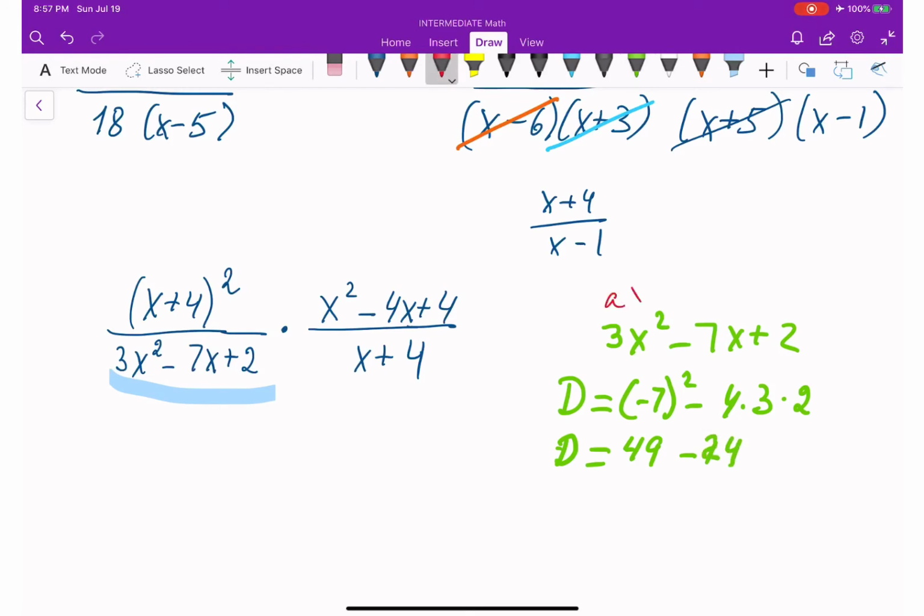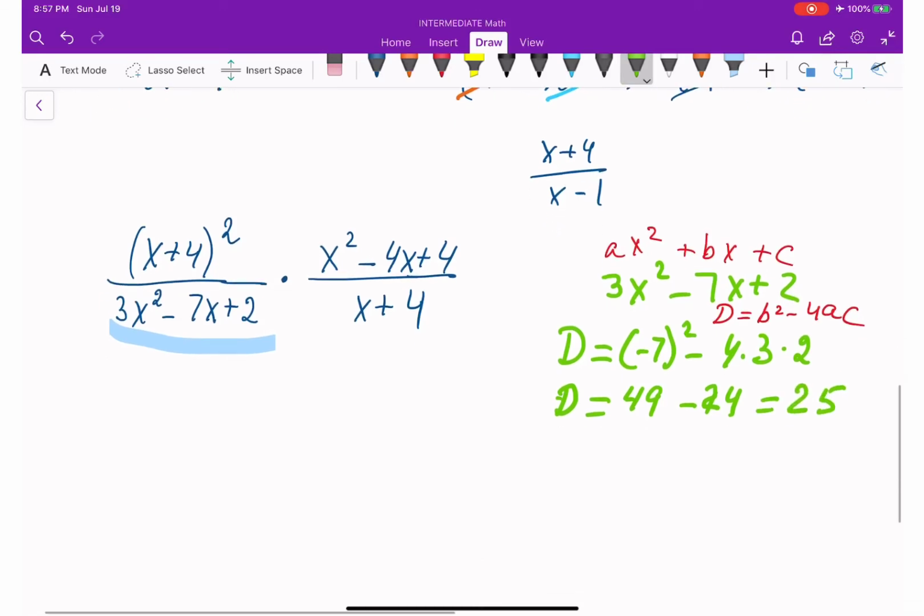If we have ax squared plus bx plus c, right? The discriminant is going to be equal to b squared minus 4ac. Again, whoever needs this to learn how to factor it, you can watch the video on ax squared plus bx plus c. So 49 minus 24 is going to be 25. Now x1,2 is equal to negative b.